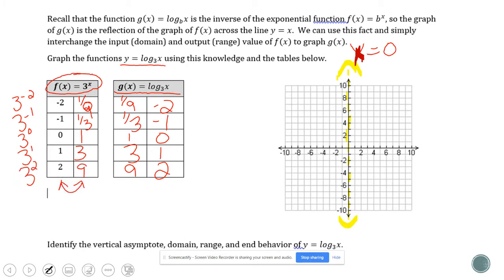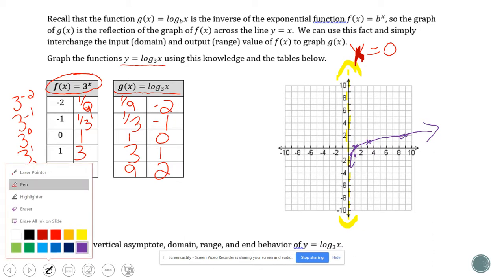Then I'm going to plot these points. 1/9, negative 2, 1/3, negative 1, 1, 0, 3, 1, and 9, 2. And here's our graph.